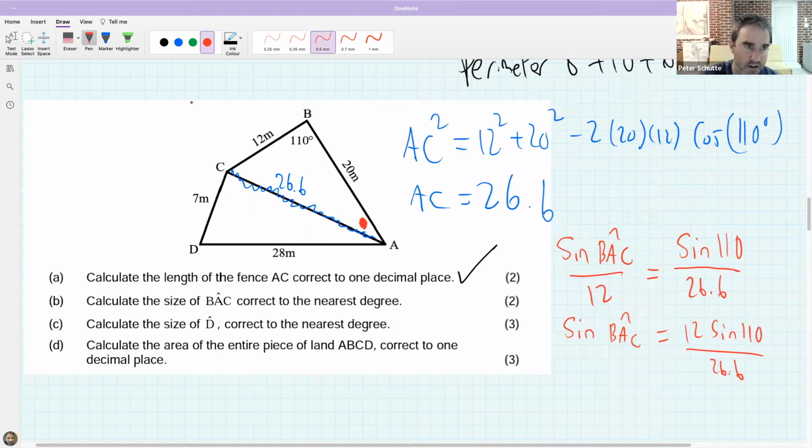And then we need to find what our angle is. Now, those who did the cos rule, you'll see in a moment, we'll get the same answer, but let's just give it a little bit more time.